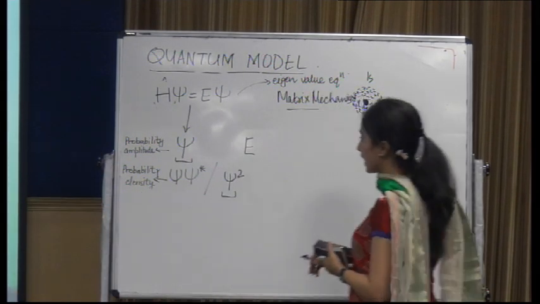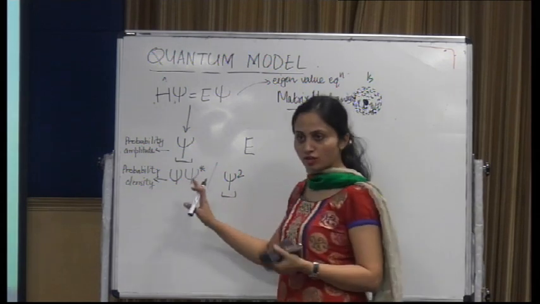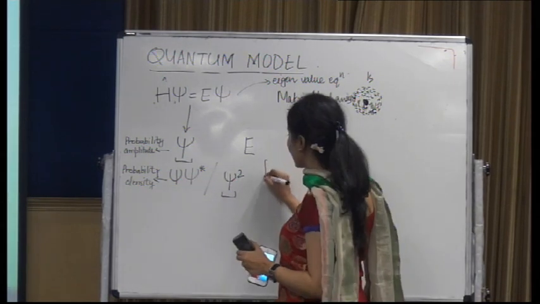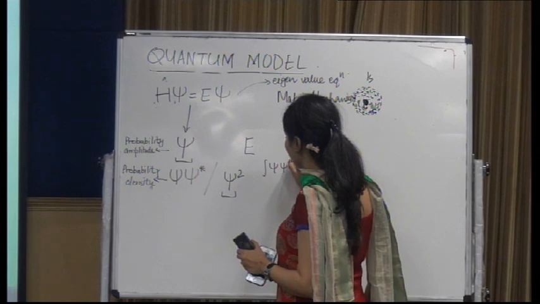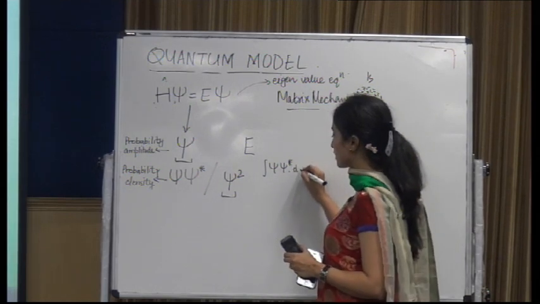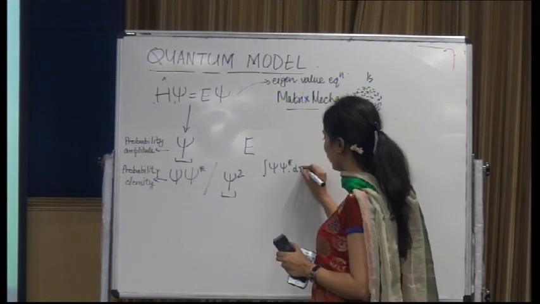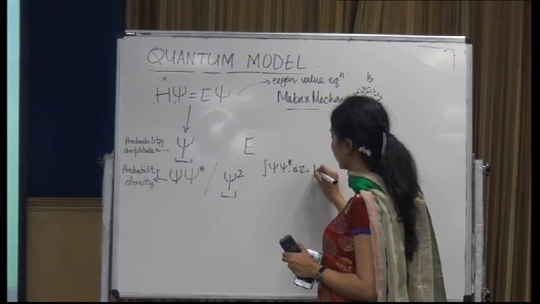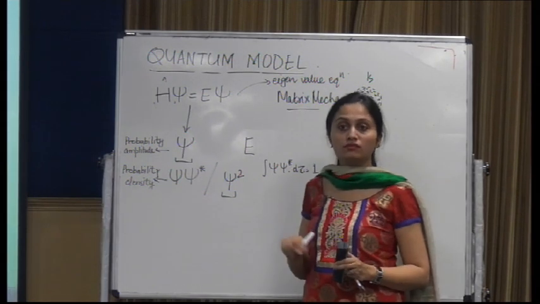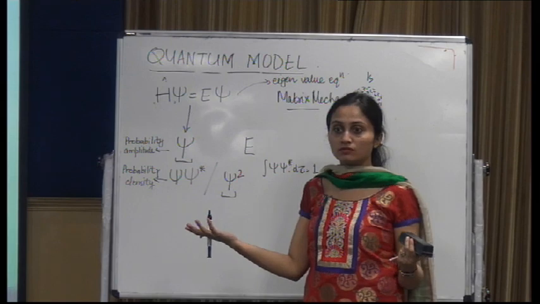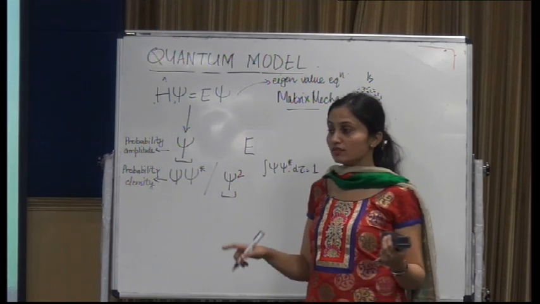Okay. Then normalization and orthogonality, we've already done it twice. Just reminding you that normalization is integral of psi into psi star into d tau equal to 1. Which principle is this? Normalization.